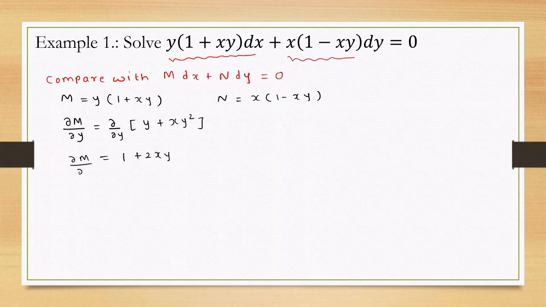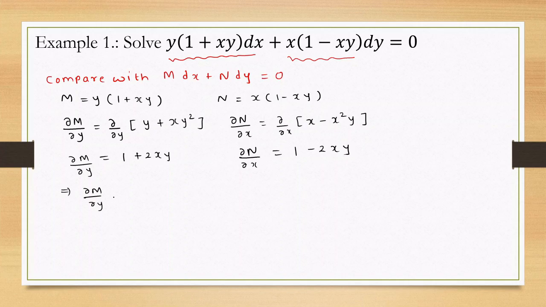So dou M by dou y is 1 plus 2xy. Now we need dou N by dou x, so it is dou by dou x of x minus x square y. So this is equal to 1 minus 2xy, right? So this implies dou M by dou y is not equal to dou N by dou x.